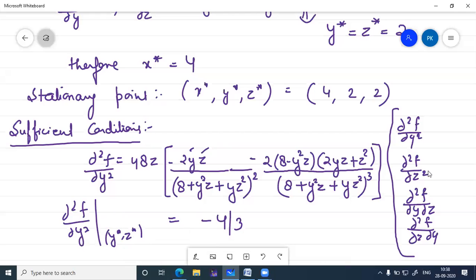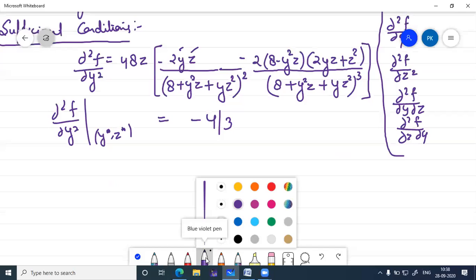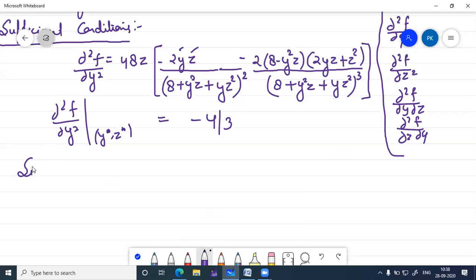In the same way, evaluate the second order partial derivative with respect to z. Similarly, del 2f by del z2 will come the same at y star and z star.